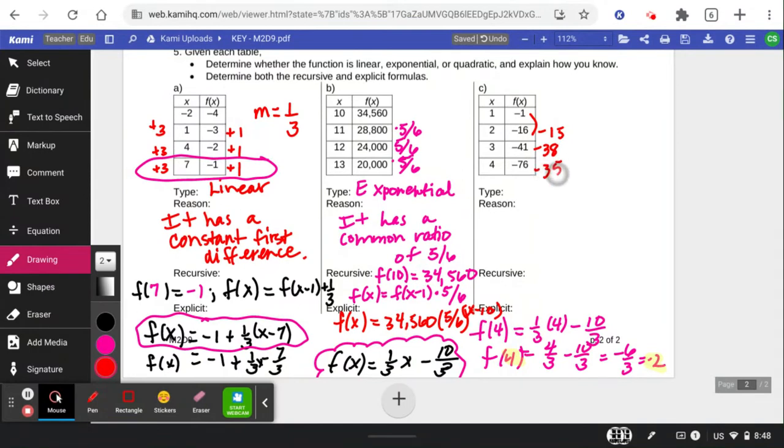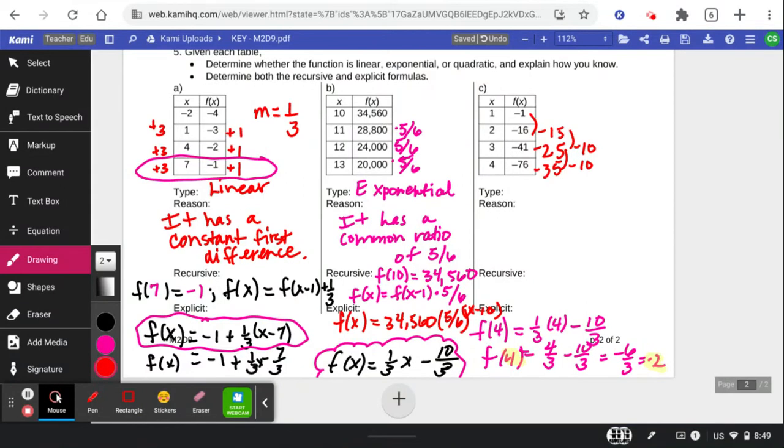Okay, hang on, I did something wrong on this one. -41 minus a -16. Sorry, on this one right here, should have been 25. Okay, notice now it's going from a -15 to a negative 25 to a negative 35. So this is going down 10 as my constant second difference.